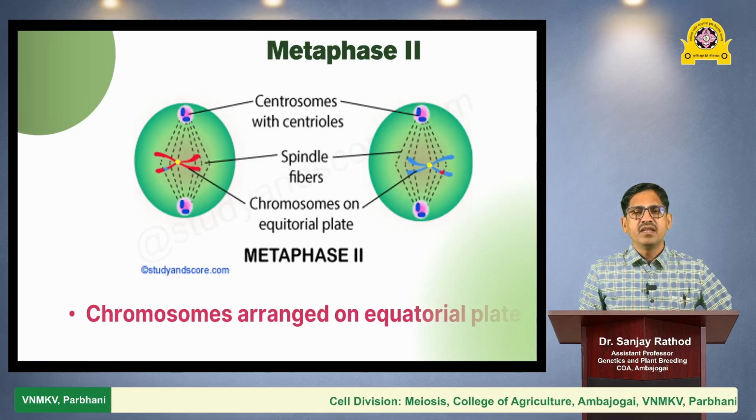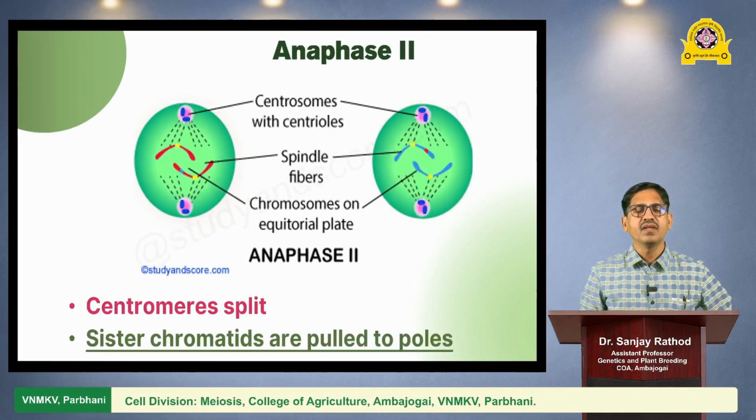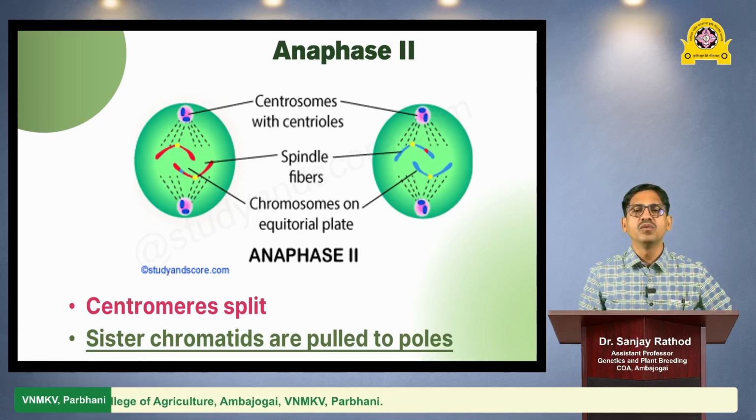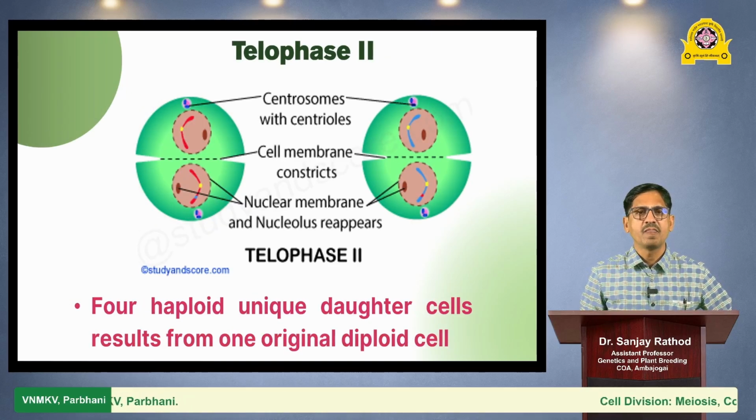In metaphase second, again the individual chromosomes get aligned at the equatorial plate. In anaphase second, the centromere splits and the sister chromatids start to separate from one another, pulled with the help of spindle fibers.